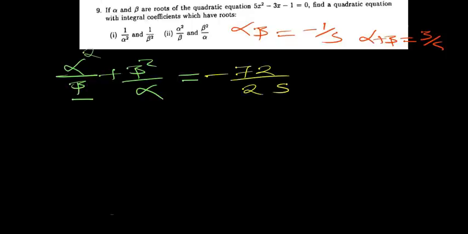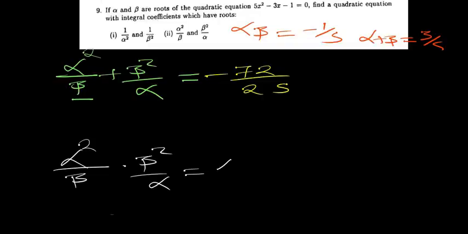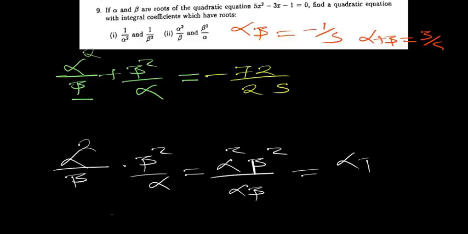Now our product, alpha squared over beta multiplied by beta squared over alpha, becomes alpha squared beta squared over alpha beta. Now the top part can be grouped together to just be alpha beta squared over alpha beta.